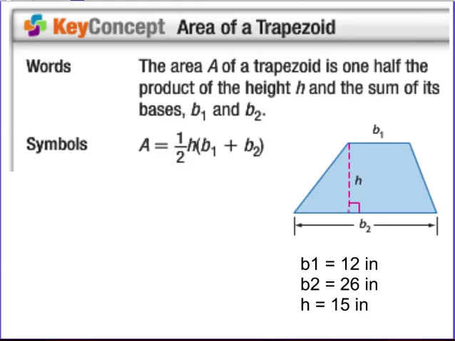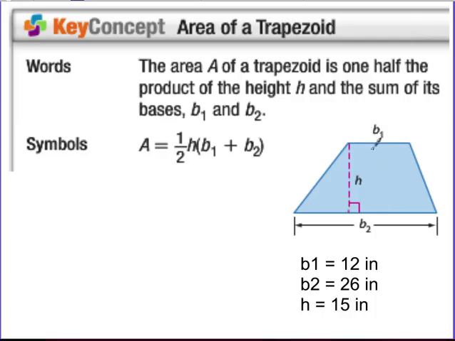Jump right into it. Area of a trapezoid. What we really want to see is the formula. The formula for area of a trapezoid is area equals 1/2 the height times the sum of the two bases. A trapezoid is defined as a four-sided figure with one set of parallel sides.